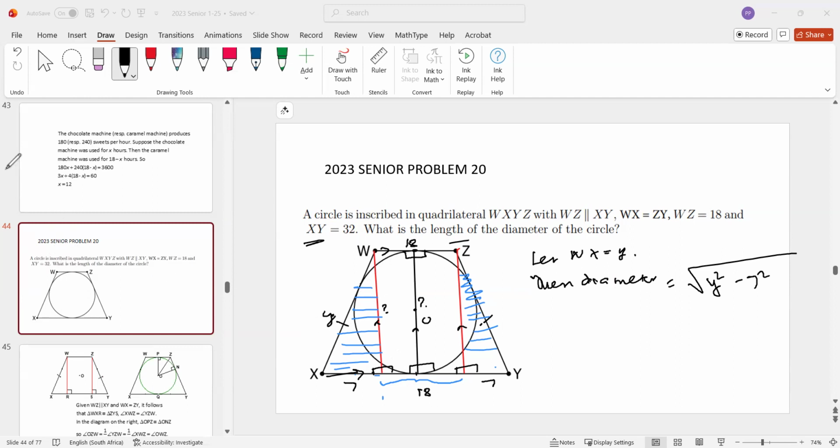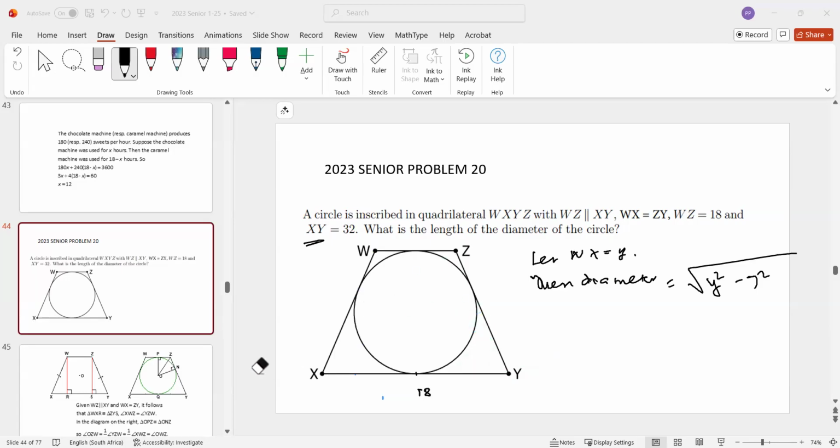All right, now I'm just going to digress a little bit. I'm going to rub out all these lines and go back to my original picture. And I'm going to observe something. If you got two tangents from the same point, this is another theorem in geometry.